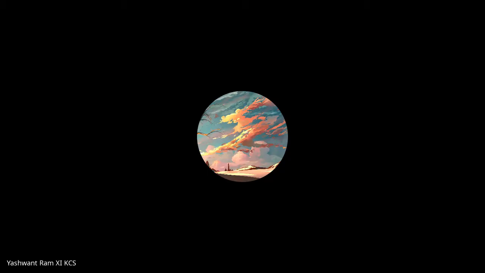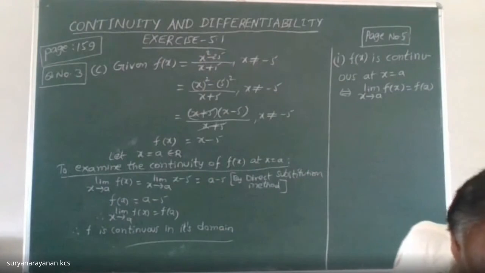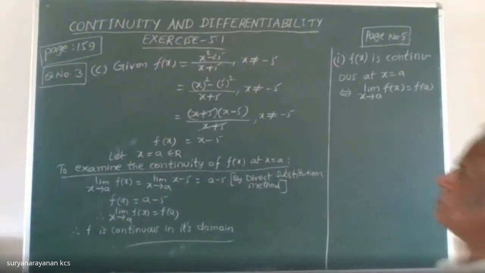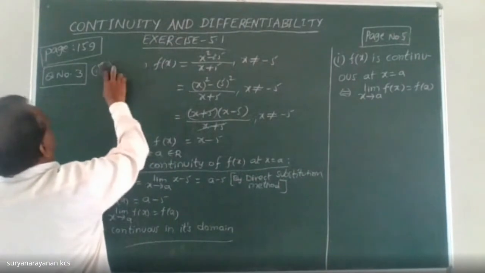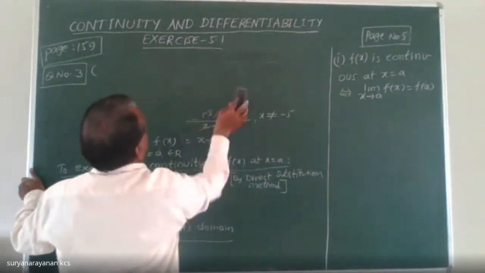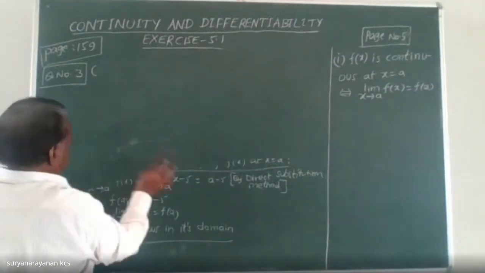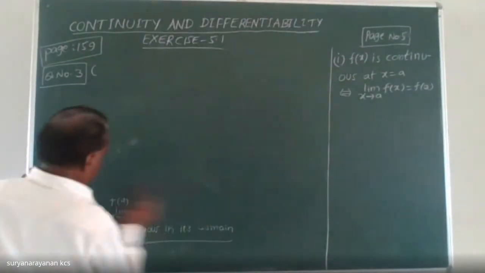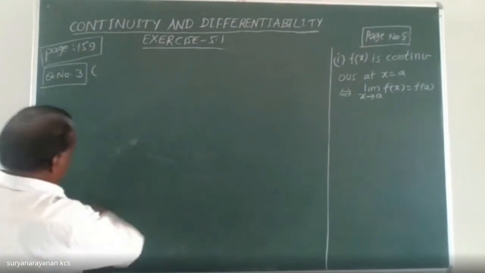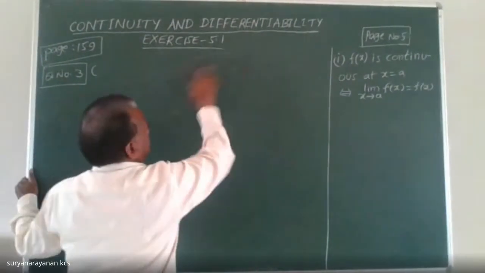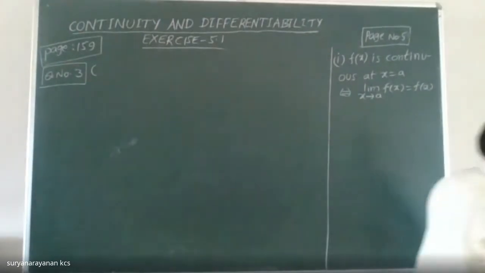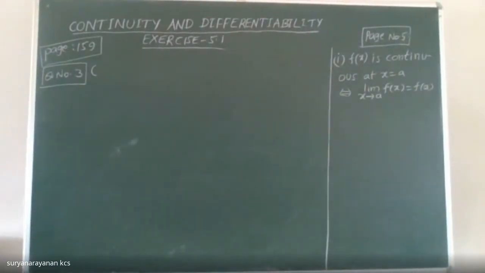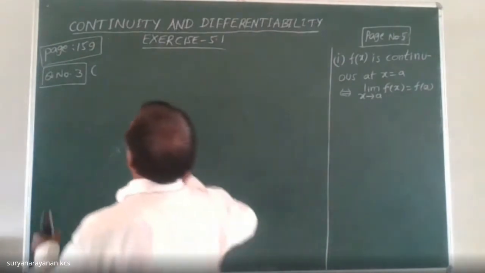Yes, sir. Now come to question number D. f of x is equal to modulus of x minus 5.